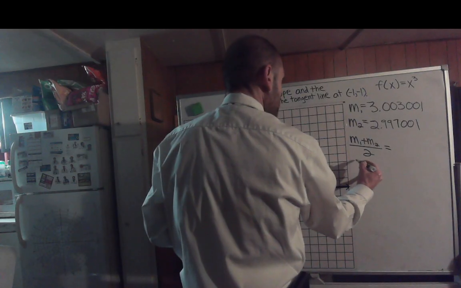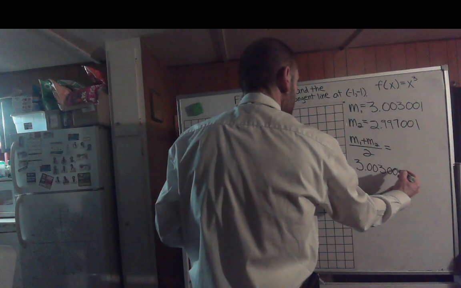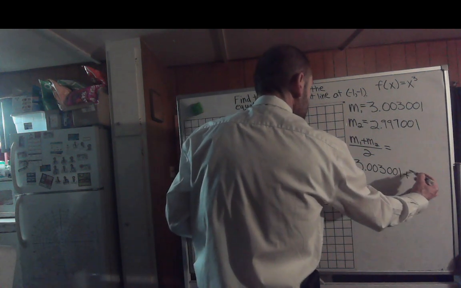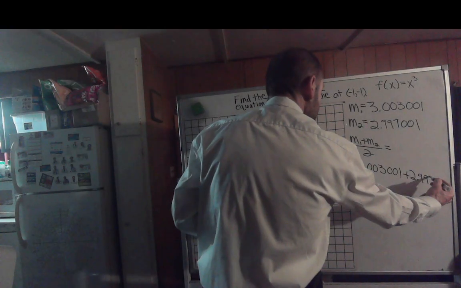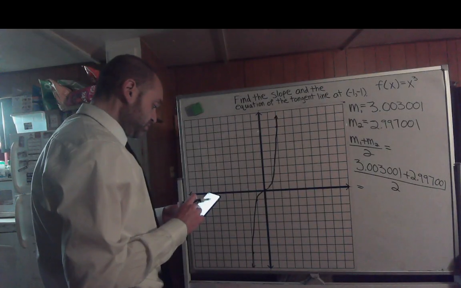So that's going to equal 3.003001 plus 2.997001, all that divided by 2. Now let's add all these up and divide by 2.